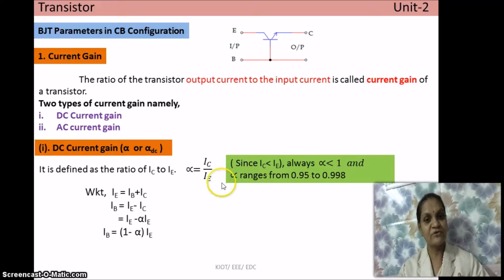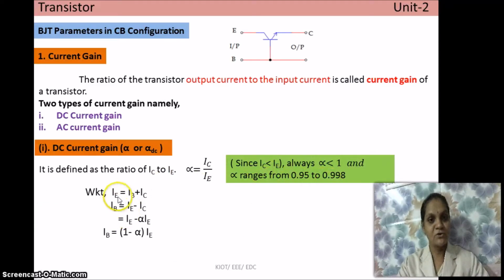So by default emitter current will be more than the collector current. In this expression the denominator will be very high compared to the numerator, so when you divide, you normally get a value less than 1. That value normally lies between 0.95 and 0.998. These are the standard values.